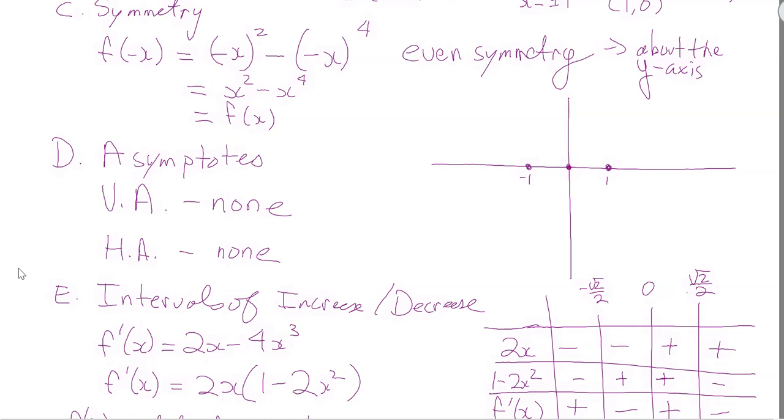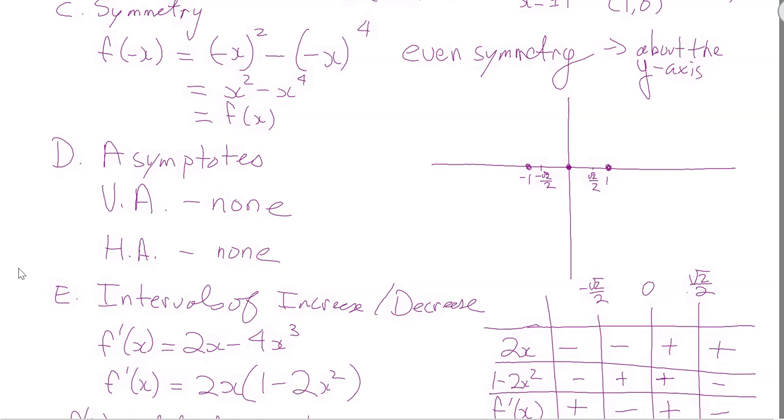We've got no asymptotes. It's symmetrical. For intervals of increase and decrease, it's increasing from negative infinity up to negative root 2 over 2. They gave us that, right? 0.71. Let's put that there: negative root 2 over 2, and root 2 over 2. Keep that in mind.